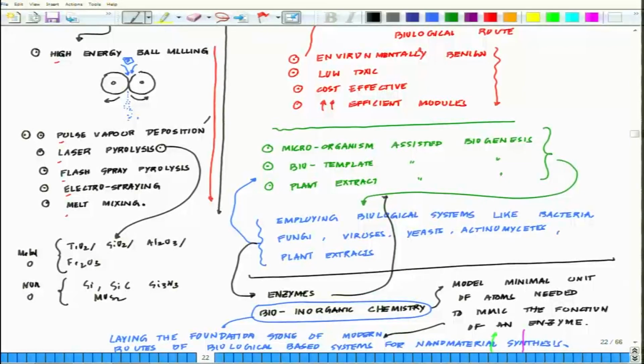Similarly, you are having flame spray pyrolysis, which is flame or flash spray pyrolysis, which is the latest of all the flame aerosol technologies. It is one step combustion process where the precursor is in the liquid form. So, realize for this kind of things you have to have the precursor in the liquid phase.